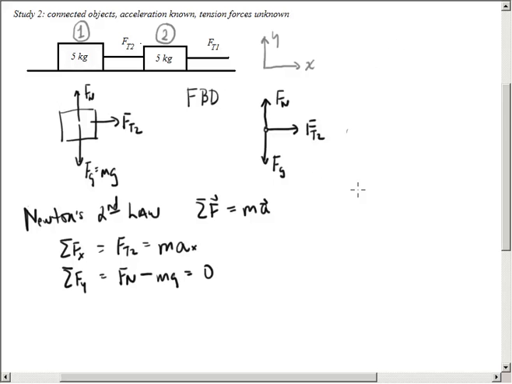Alright, now let's begin to consider object number 2. Go ahead and draw the forces acting on object 2. Pause the video and when you finish your drawing, start it again. Alright, so we're looking at object 2.